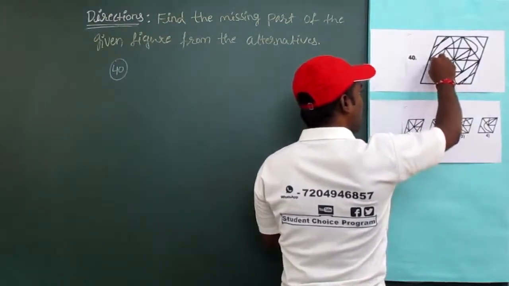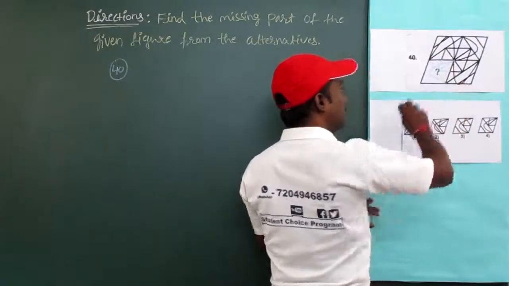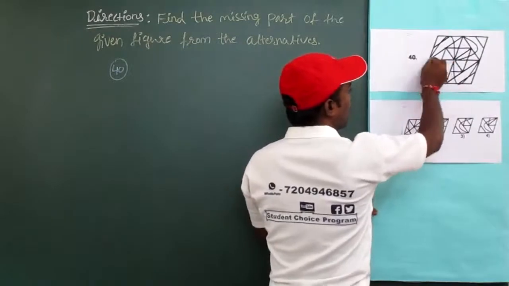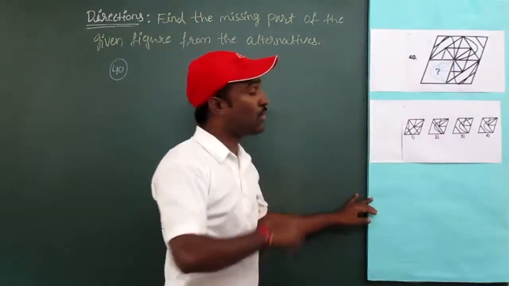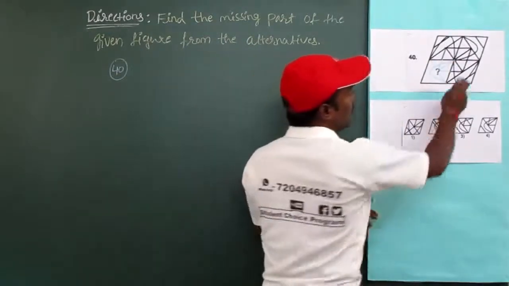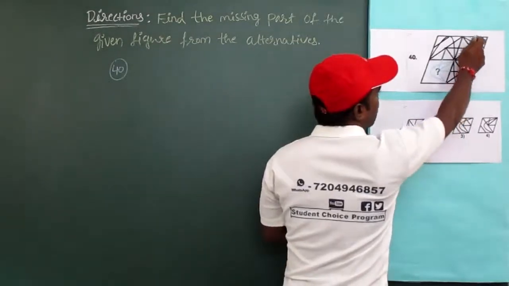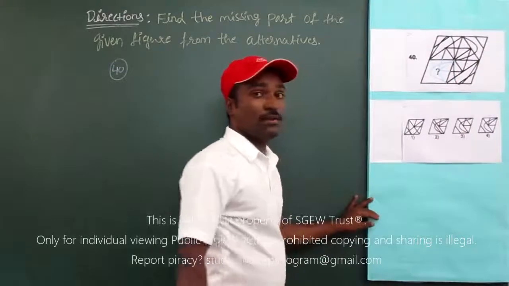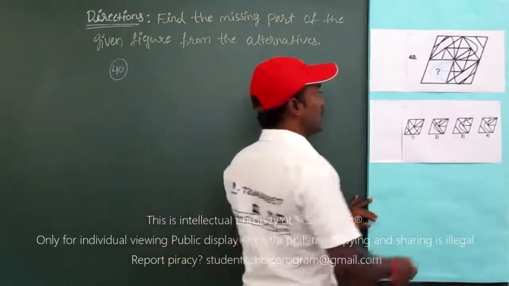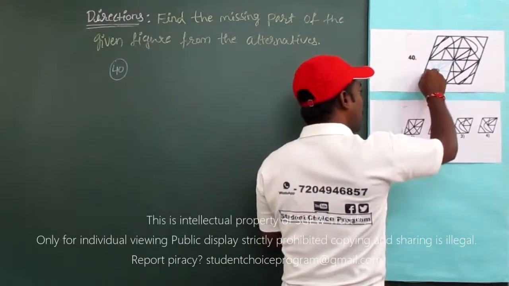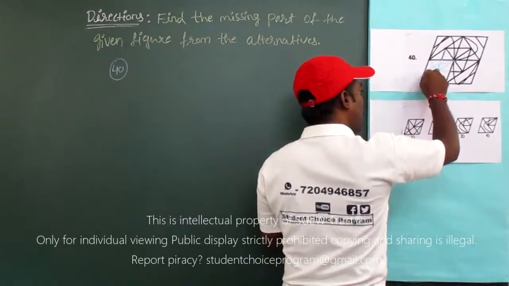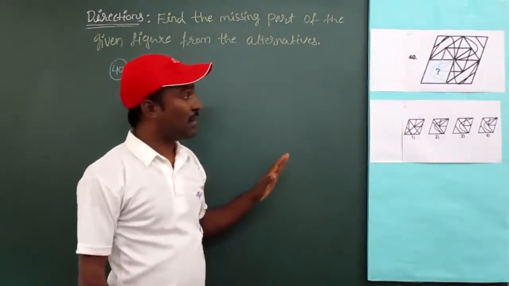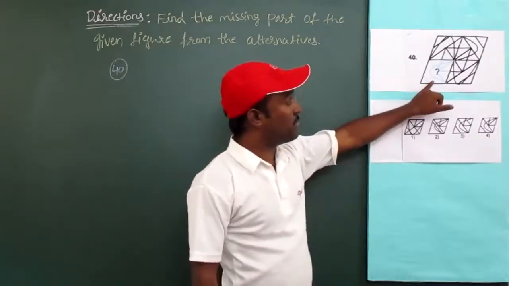This is my first inclined line, or I can say the diagonal for this rectangle, and I have to draw one more line which should not touch this sine wave. Here you can see that this line is not touching this part of the sine wave. So I have to draw an inclined line which should not touch the sine wave. So this will be my missing part.